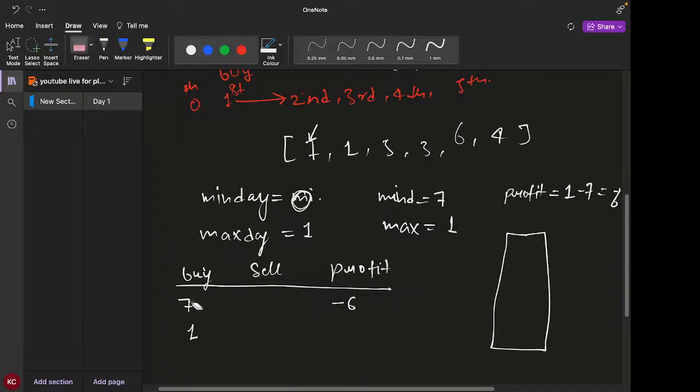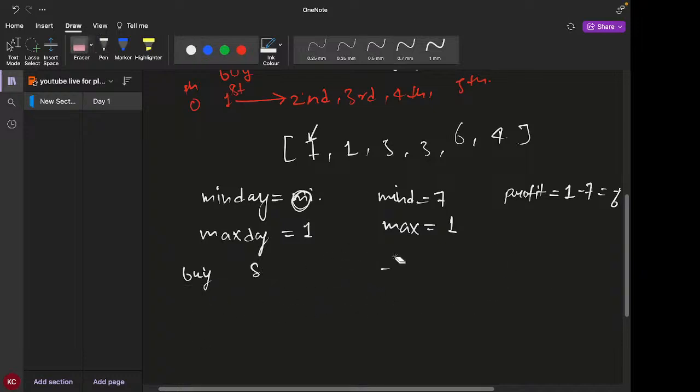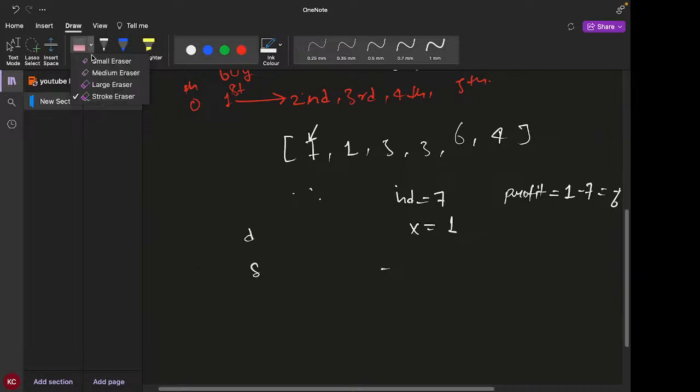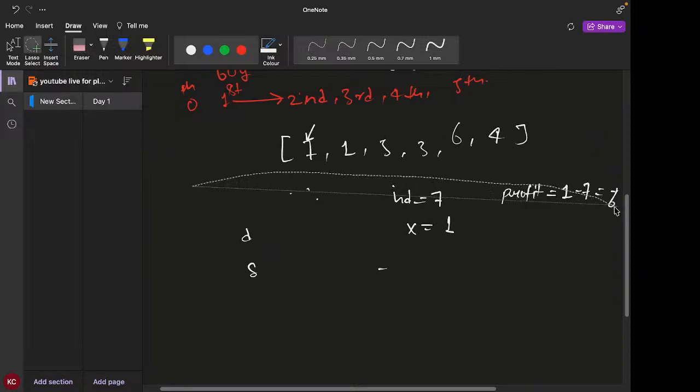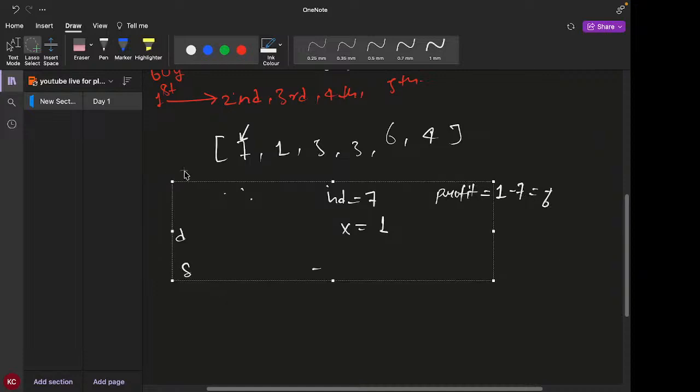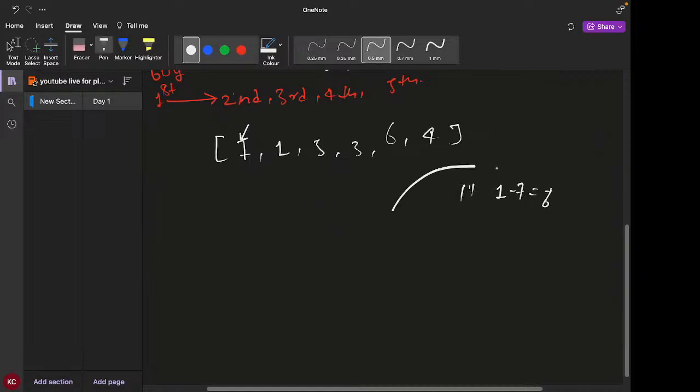Let me try some other logic. I have to maintain the minimum till now.